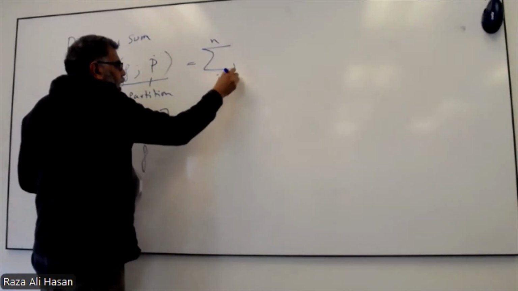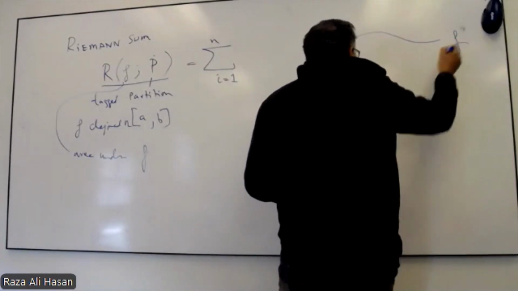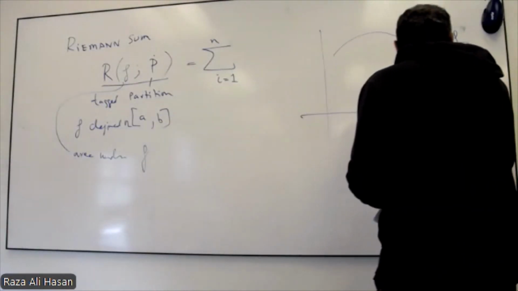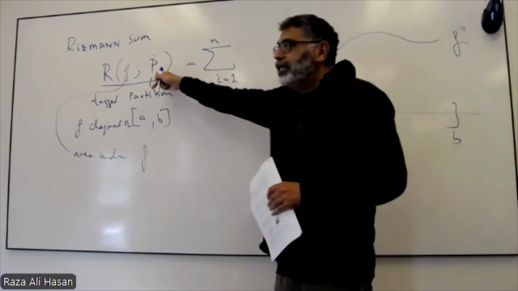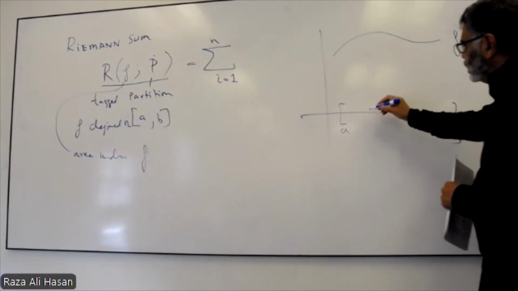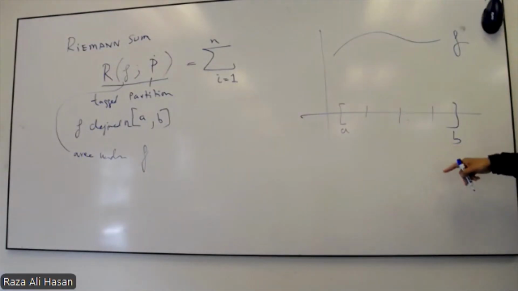Let's start at i equals 1. So if this is our graph, this is our F. Our AB is going to be here. Because we have a partition on AB, this thing has been partitioned into subintervals.